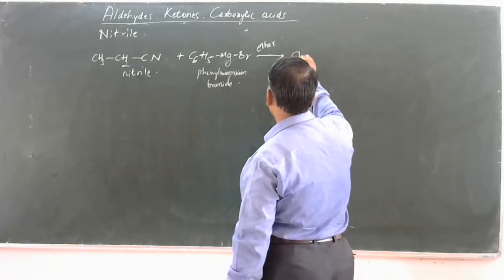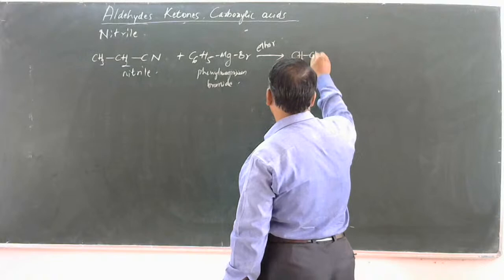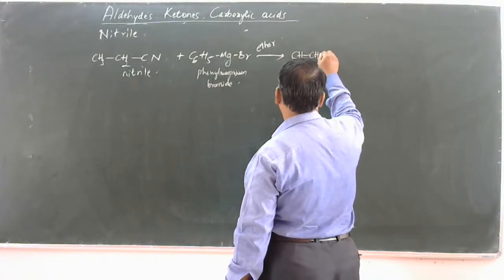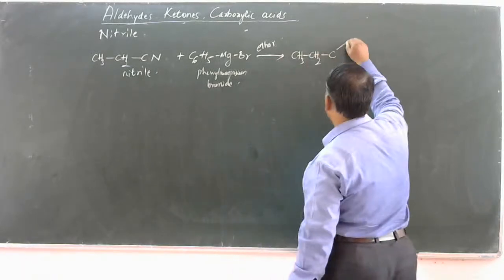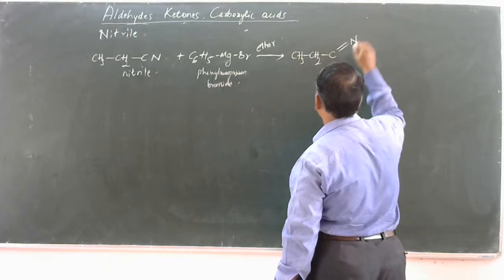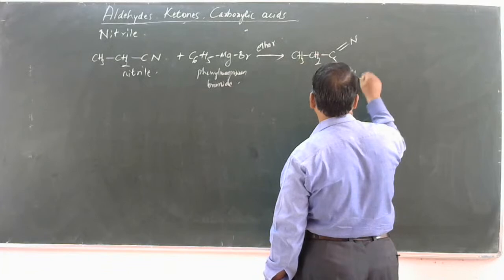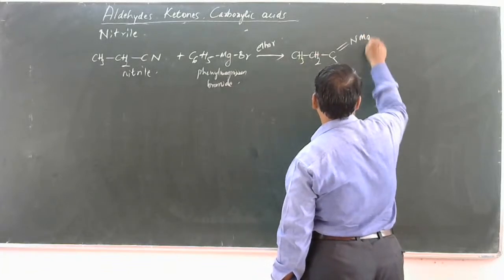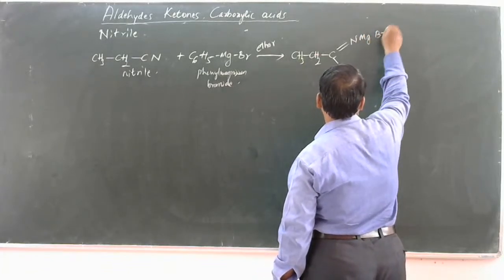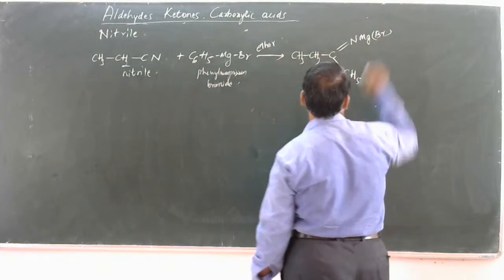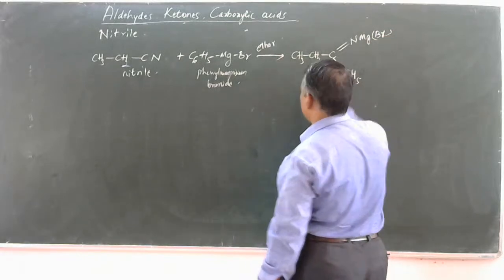So we will get CH3CH2C, which has a double bond with nitrogen, and again with C6H5, and here the magnesium and bromine, MgBr. This is an intermediate product.